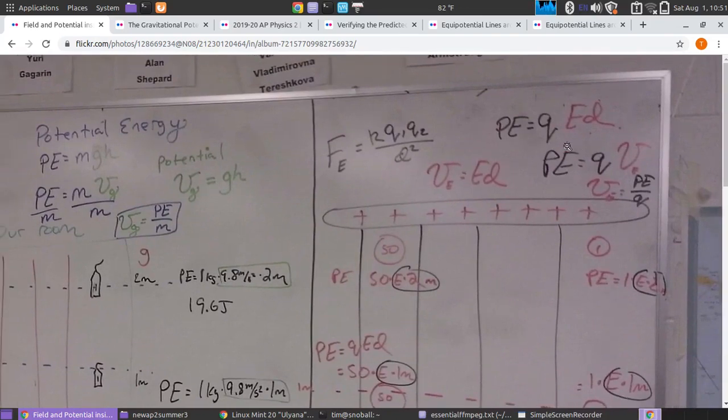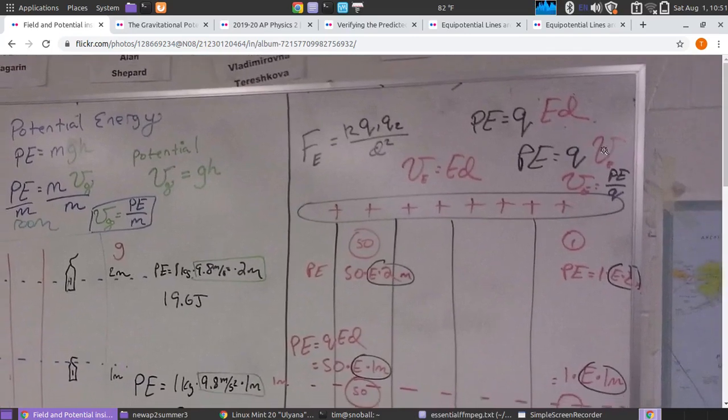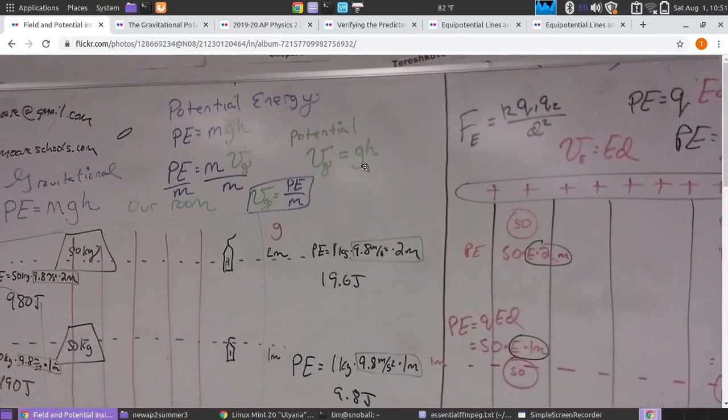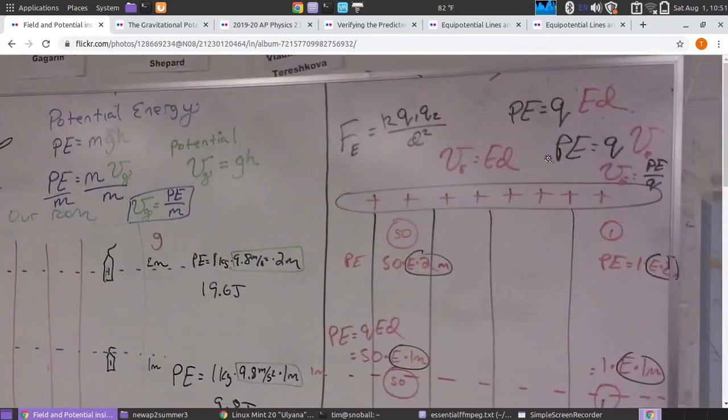If we want to know the electric potential energy of something, we multiply its charge times the potential in that location. Just like there's clearly a big relationship between gravitational field and gravitational potential, there's definitely one for electric field and electric potential.